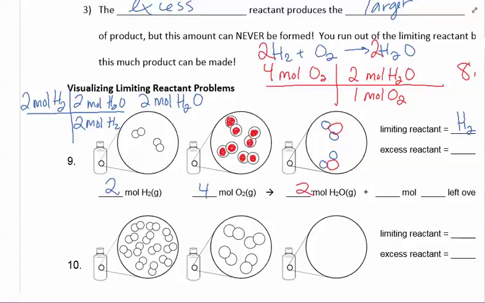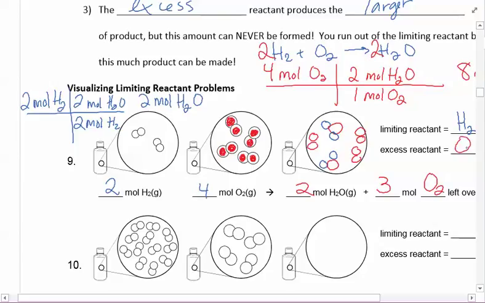However, I have some oxygen left still. So I used up 1 particle of oxygen, so I have 3 left over. We eventually are going to be calculating how much is left over. Right now, I'm just doing it based off of what we see here.